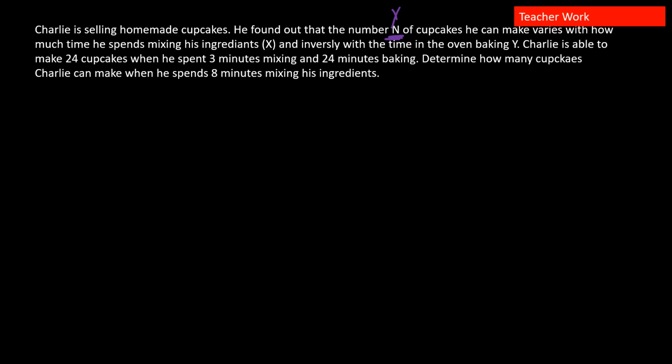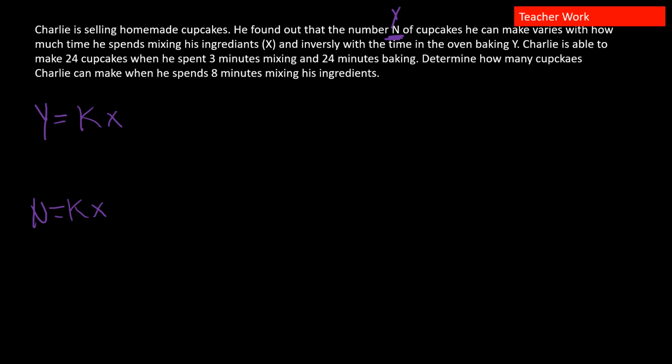And so that should have been varies directly, right? So we're going to say y equals, or in this case, we can also say n equals, we'll do it both ways, with the time you spend with the ingredients, so it'd be kx, right? Kx, same thing. And inversely, with the time he's baking.